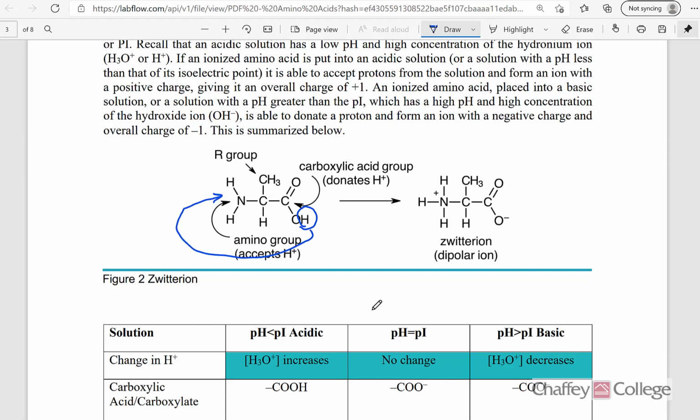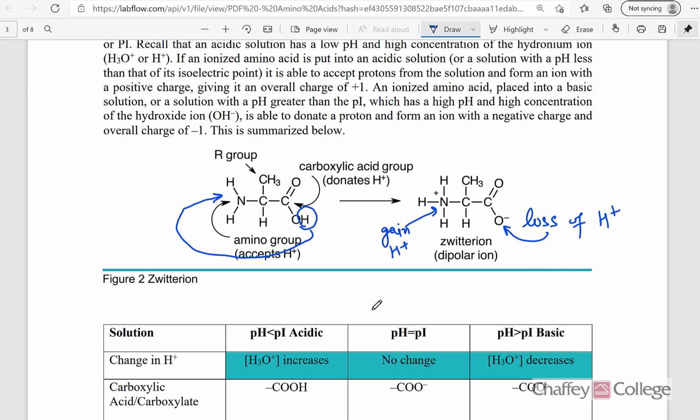In other words, the carboxyl group will lose a proton, as you can see, there is no proton here, and the amine group will gain a proton. So we can say that a proton is transferred from the carboxyl group to the amine.